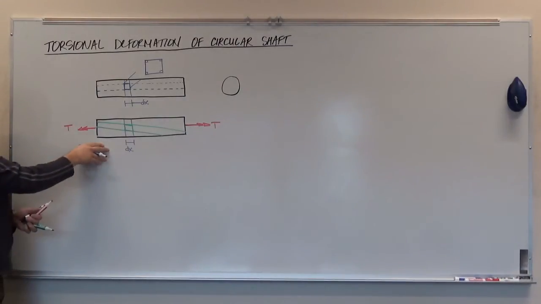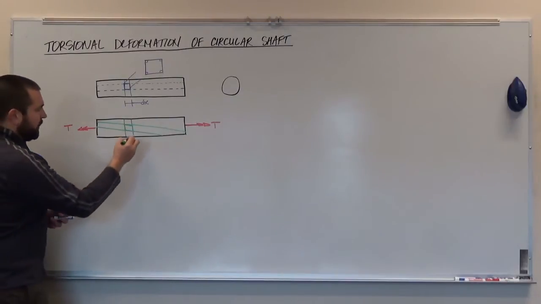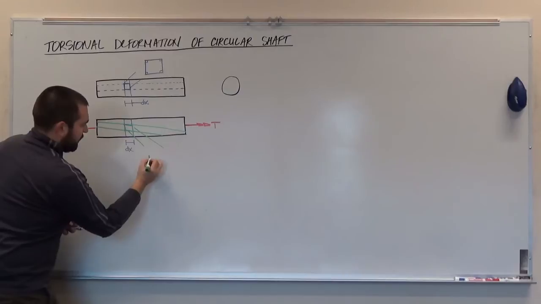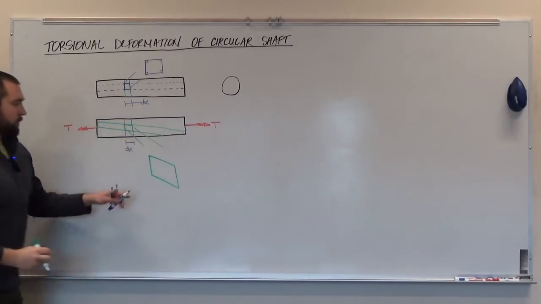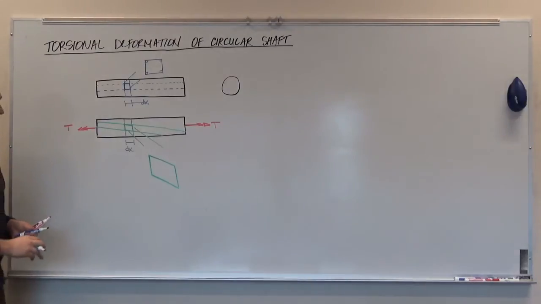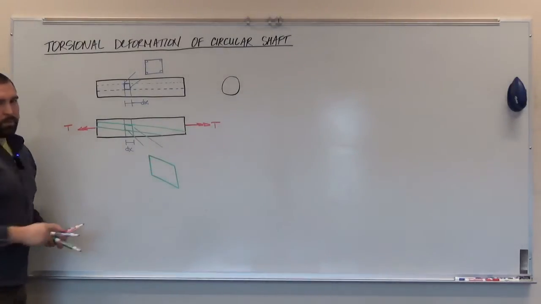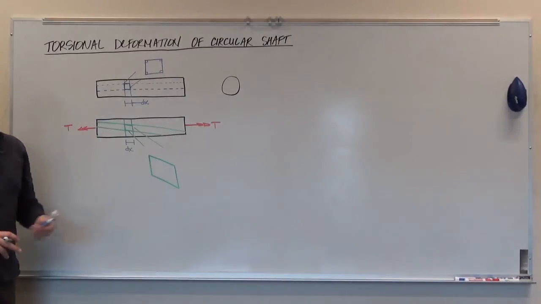Once we've applied a torque to this and we zoom in on this deformed segment here, we're going to see it gives us our classic shear deformation parallelogram looking shape right here. So now instead of having 90-degree angles in each of the four corners, we end up seeing that we get two acute angles and then two obtuse angles.